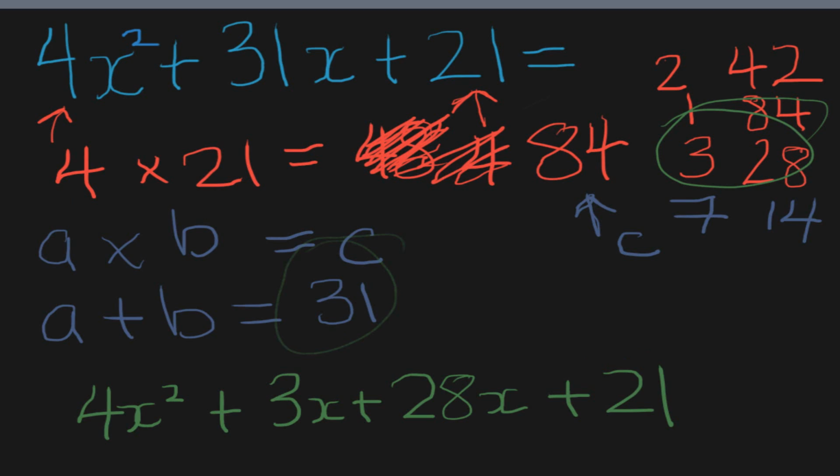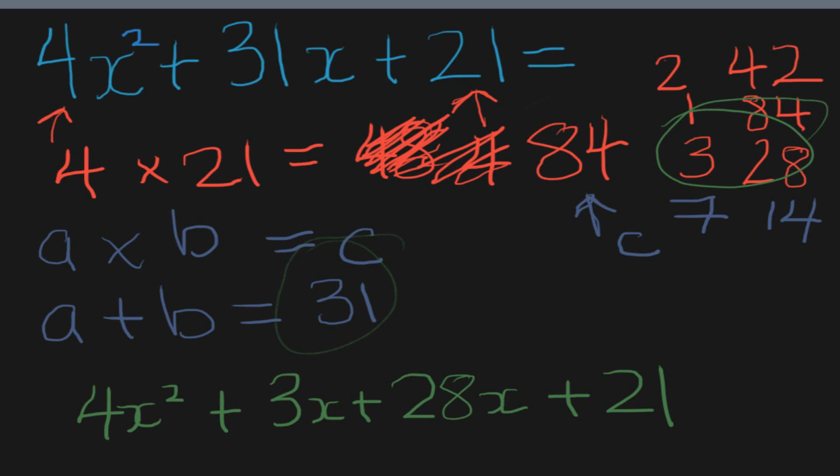So let me just add a new layer. And we'll take our 4x squared, 3x, 28x, and 21.